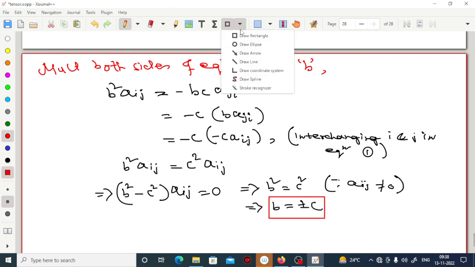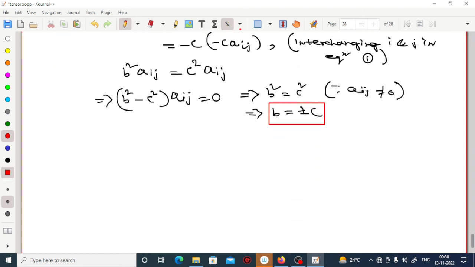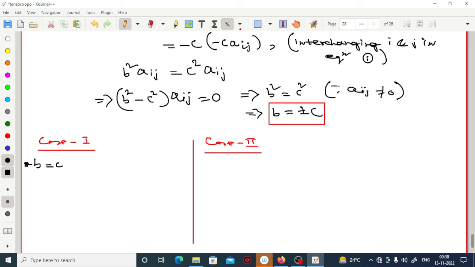So if b is plus or minus c, now you have two ideas from here. So this side I will solve case 1, this side I will solve case 2. In case 1, I take b equals to c, using equation 1.